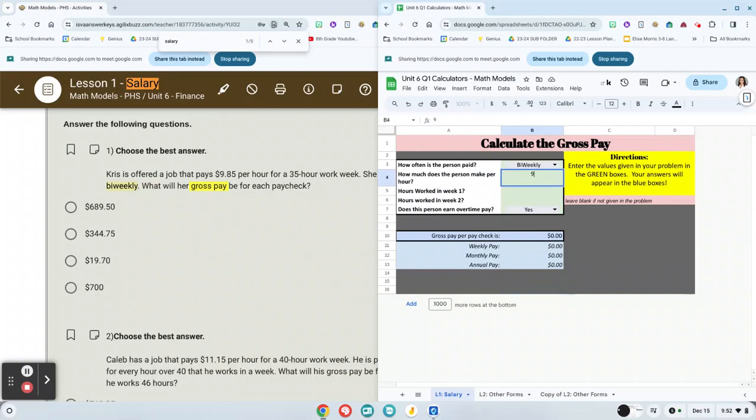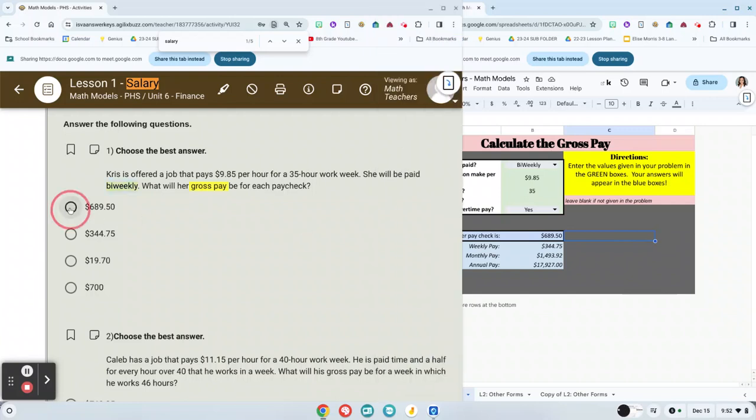We're going to change this to $9.85 per hour, and it's 35 hours per week. So we don't know about overtime, so we're just going to leave that. And her gross pay per paycheck, $689.50. If you needed weekly pay, it's here, monthly and annual. It's all here for you. So really cool. So $689.50.